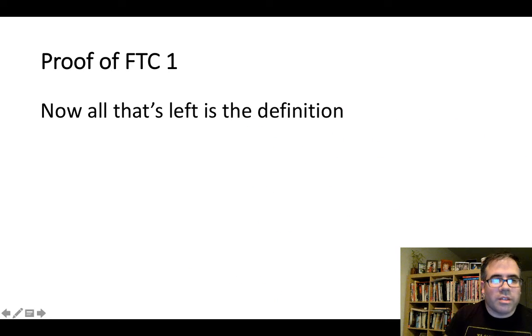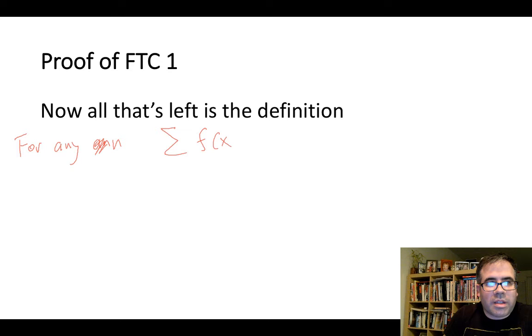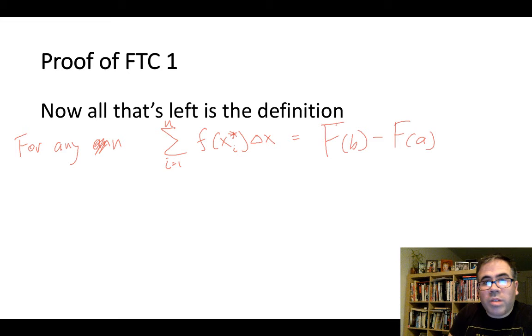Like, we know that for any n, we can pick some x's so that the sum from i equals 1 to n of f of x i star delta x equals big F of b minus big F of a, right? So that works for any n.